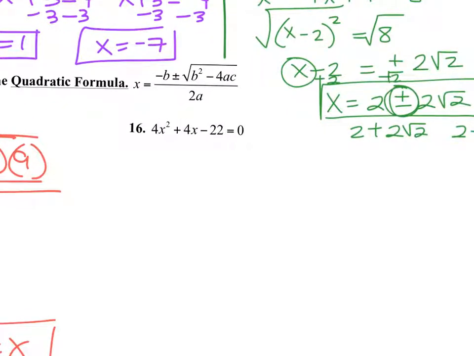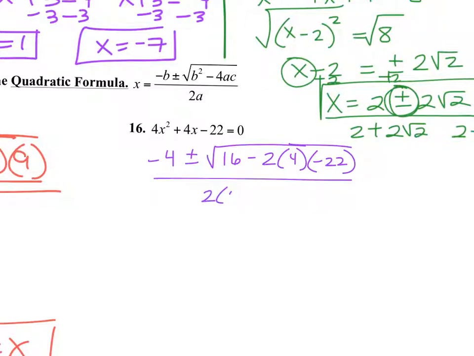Uno más. X equals negative b plus or minus the square root of b squared, so 4 squared is 16, minus 2 times a times c all over 2 times a. Okay, 16, I'm not going to do that in my head. 16 minus 2 times 4 times negative 22 is 192.